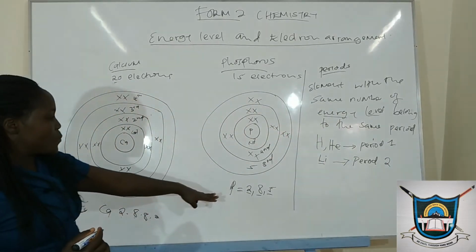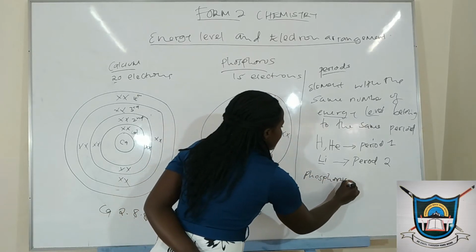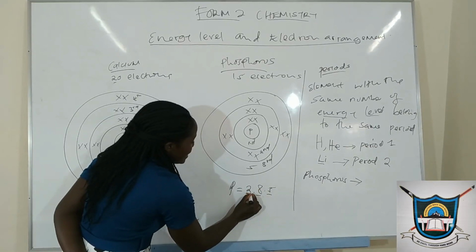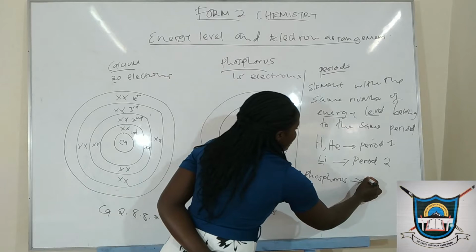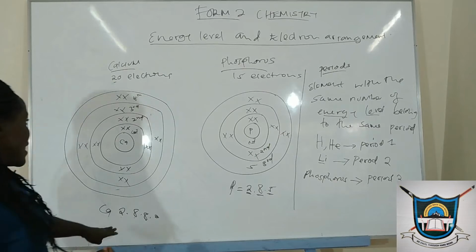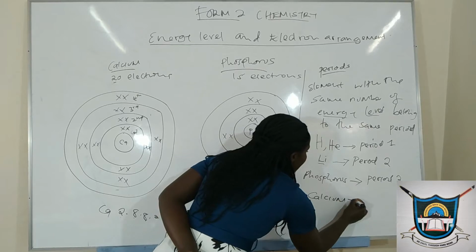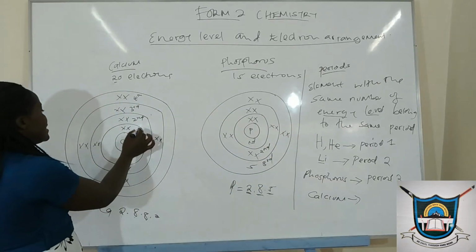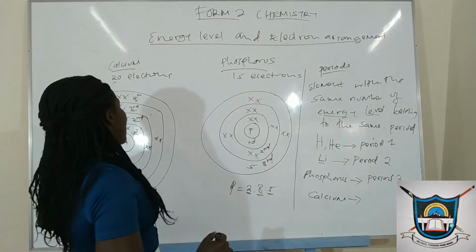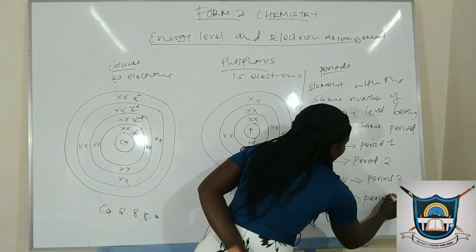If we come here to phosphorus, which is number 15, you've seen it has 1 energy level, 2 and 3. So phosphorus belongs to period 3. If we move to calcium, calcium has 1, 2, 3, 4 energy levels. So we say it belongs to period 4.